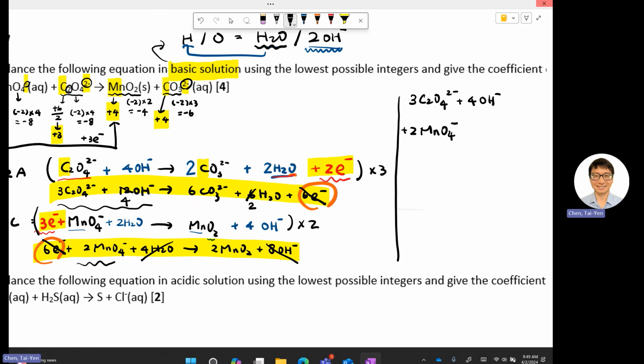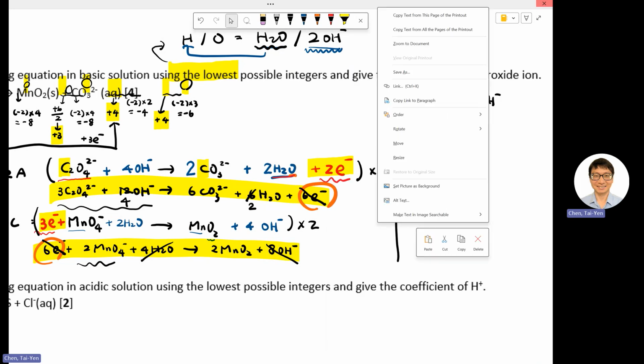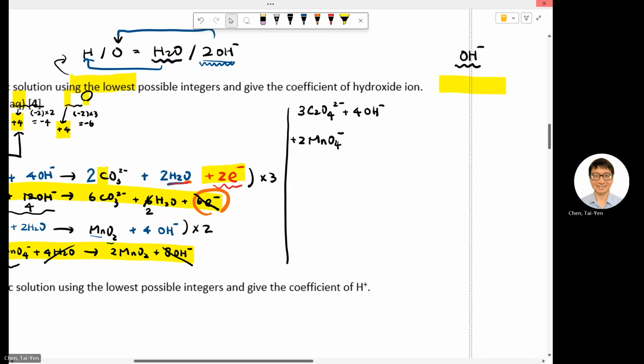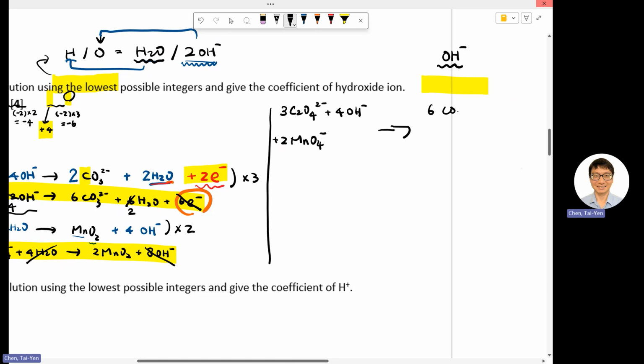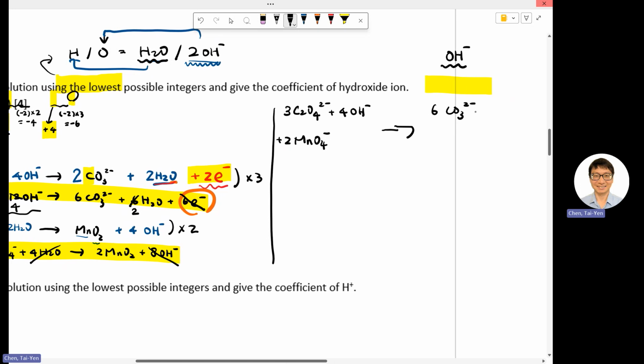For your product, what you're going to have will be 6 CO3 2- plus 2 H2O. And then for your G-rock, you have plus 2 MnO2. Okay, so let me reorganize this one.